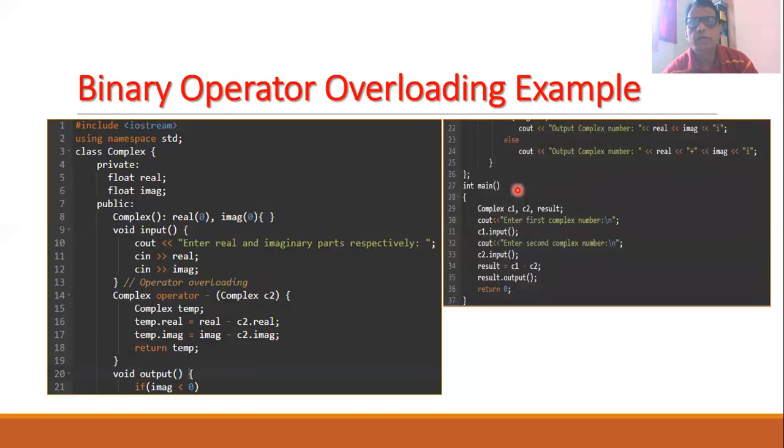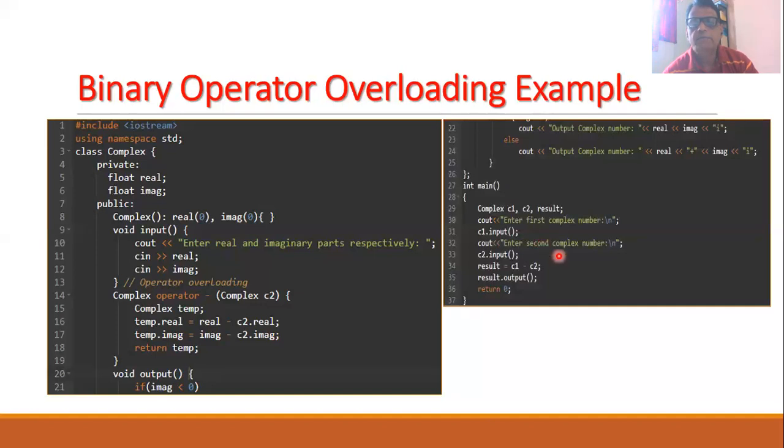In the main function, we have declared two object variables C1 and C2, and another object variable result. All these, C1, C2, and result, are object variables of the class complex. Initially, we will ask the user to enter the first complex number, and we will read the first input by using the function c1.input.